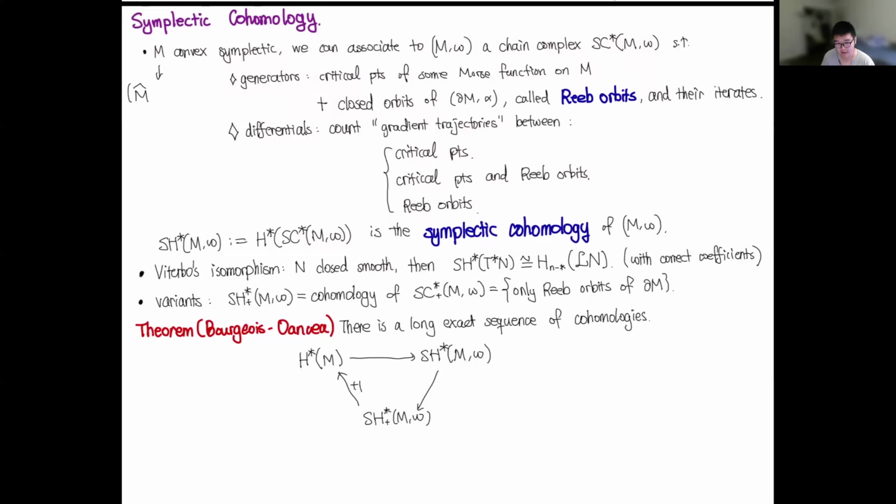a completion of this, which is a non-compact symplectic manifold, which is M, and then you union the boundary of M cross from 0 to infinity, which is equipped with a symplectic structure where you use the contact structure of the boundary, and then you take e to the t alpha, where t is the second coordinate, and then you take the differential.